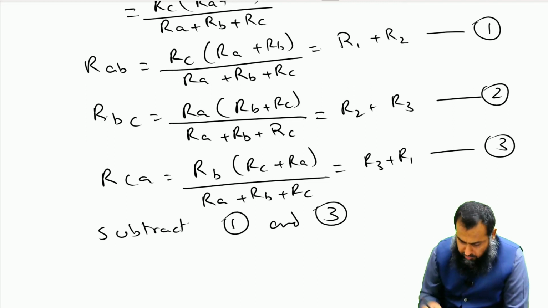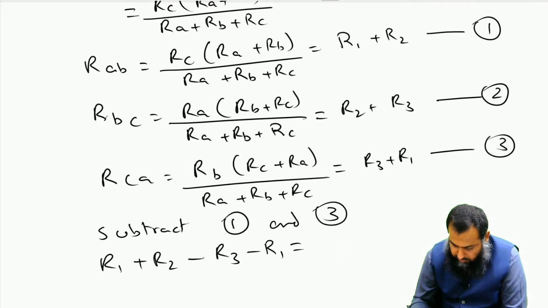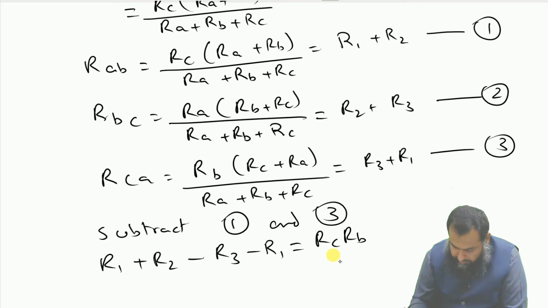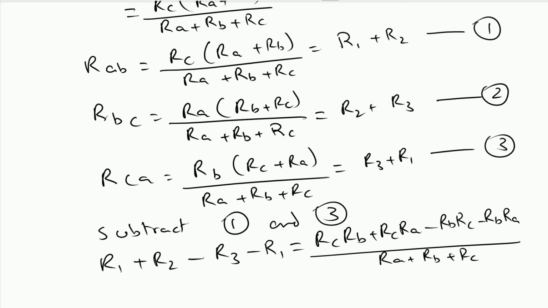That is, what I want here is R1 plus R2 minus R3 minus R1, and that is equal to RC RB plus RC RA minus RB RC minus RB RA divided by RA plus RB plus RC.